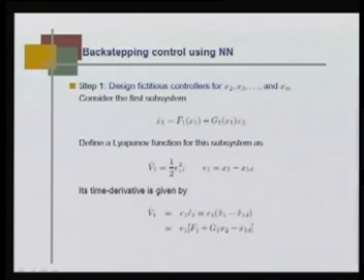We have already seen that for such a subsystem, V1 is half e1 square, where e1 is x1 minus x1d, because we are trying to design a tracking controller. We could have shown V1 equal to half x1 square if I were simply stabilizing around the equilibrium point. Instead, this is for a tracking controller.